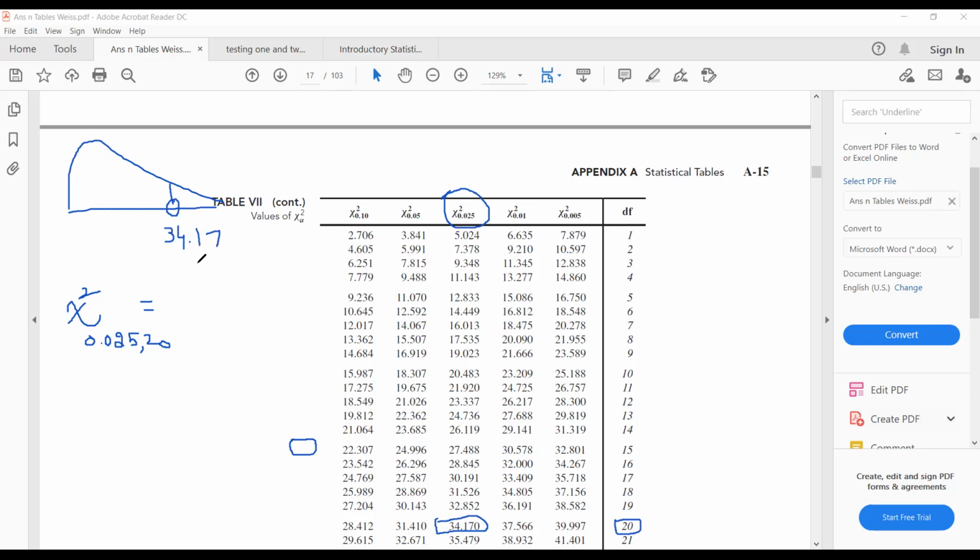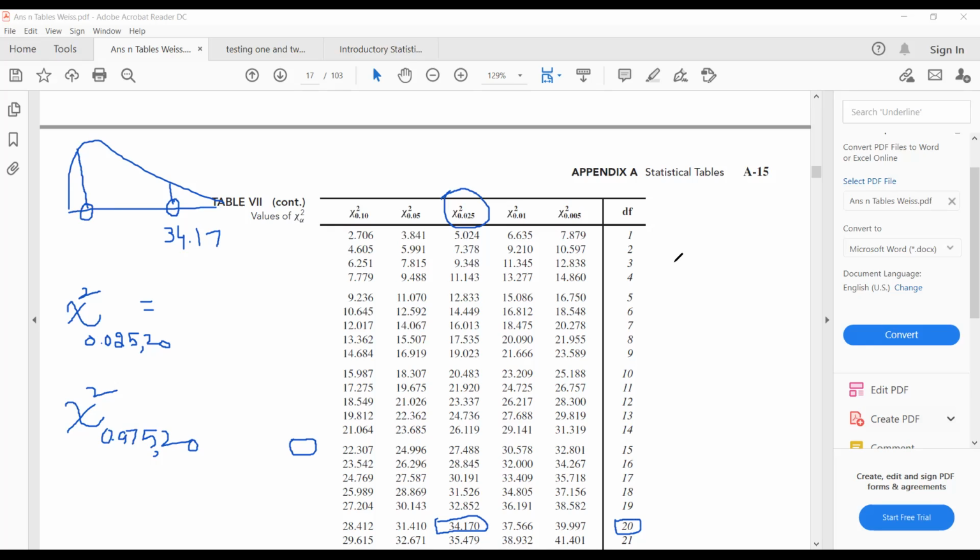The second number which is needed is chi-square 0.975 at 20 degrees of freedom. Whenever we are looking at this number, this region is 0.025, but we have to input the right-hand region, which is 0.975 at the 20 degrees of freedom.